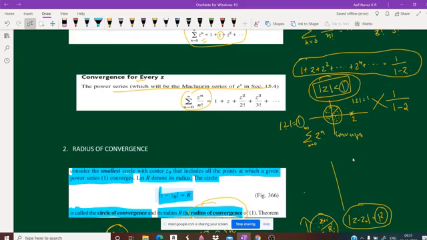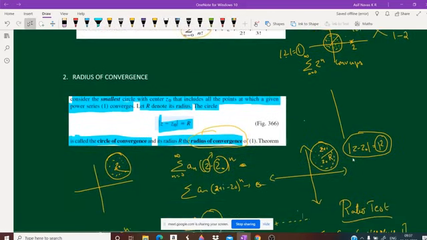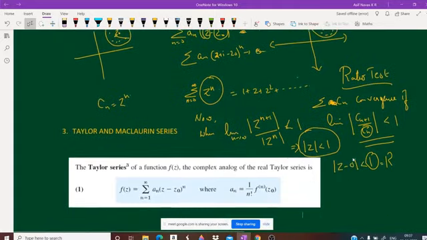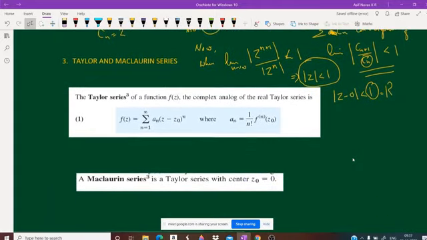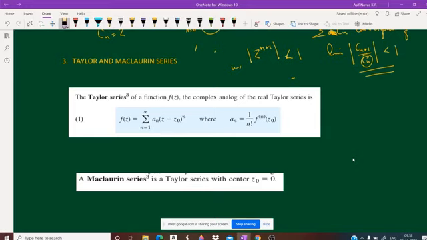Okay. Now we will move to our topic, Taylor and Maclaurin series. So this is the introduction for your Taylor and Maclaurin series. Now we will define what is a Taylor series.